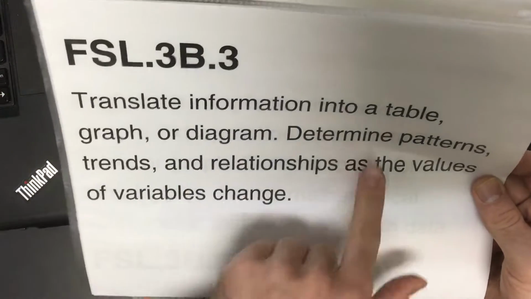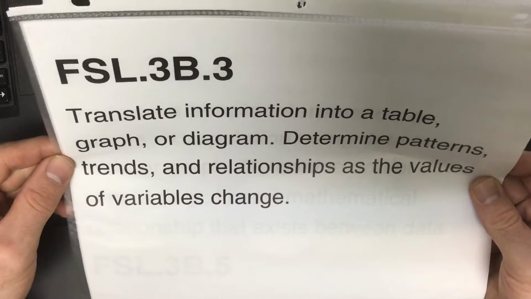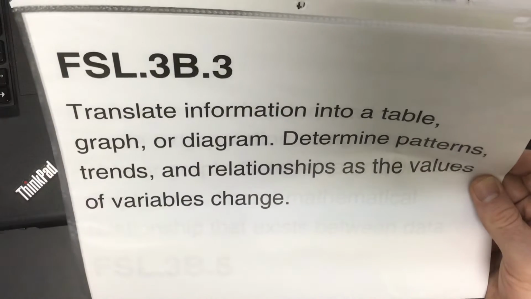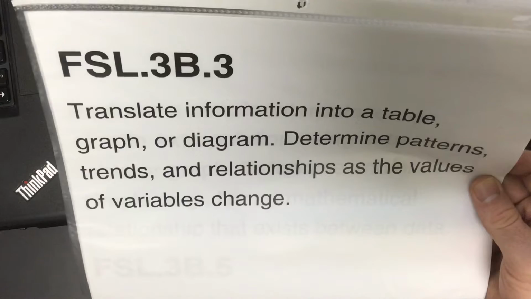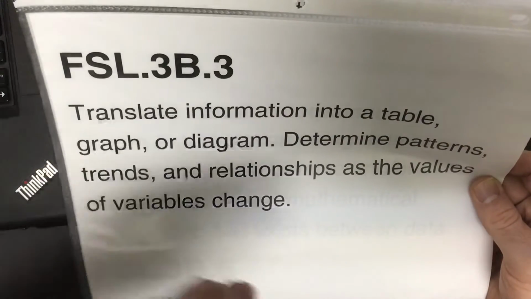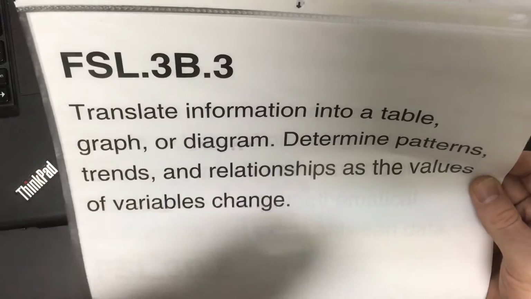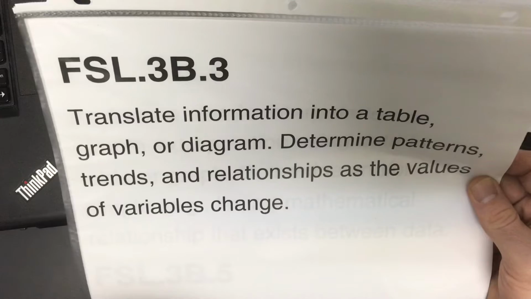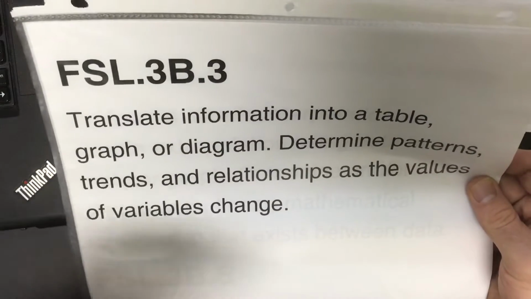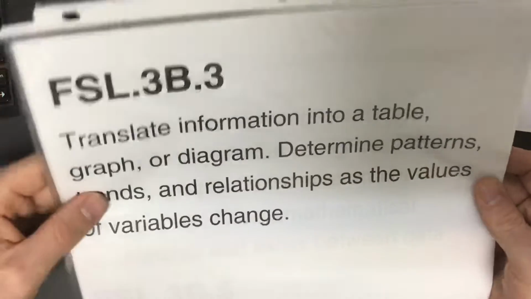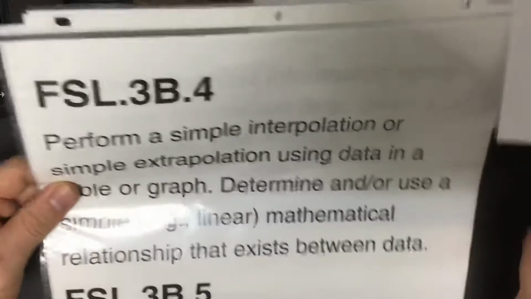And that's going to be useful because on the ACT, a lot of the times they ask you questions like, based on what happened in the table, what are you going to predict is going to happen if you went a couple more steps? So like, say we've got 2, 4, 6, 8 in the data table. Well, what do you expect is going to happen next? 10, right? So that's a trend. It's very simple, but we've got to look at it so that we understand it.